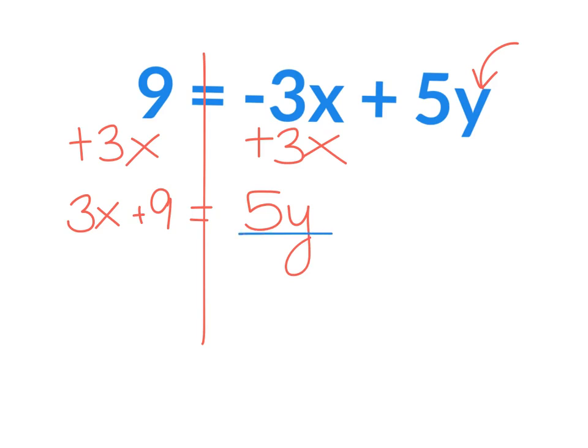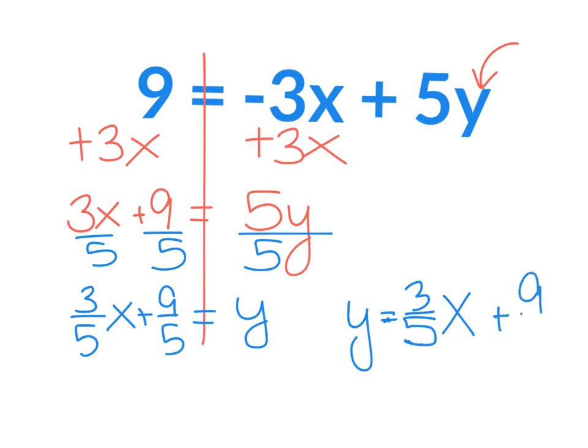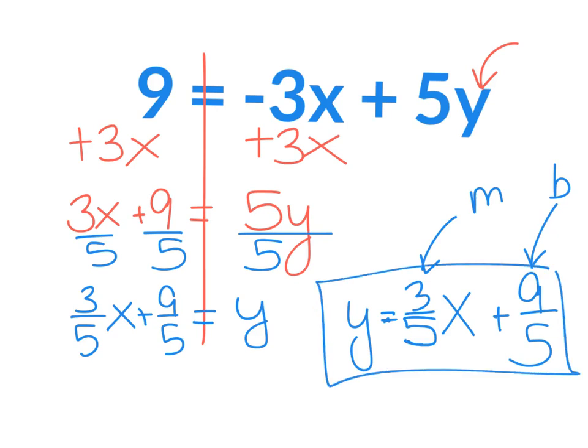Then I divide both sides by 5, which results in 3/5 x plus 9/5 equals y, and that just feels a little backwards to me, so I'm going to rewrite it over here as y equals 3/5 x plus 9/5. So the slope would be 3/5, and the y-intercept, known as b, would be 9/5.